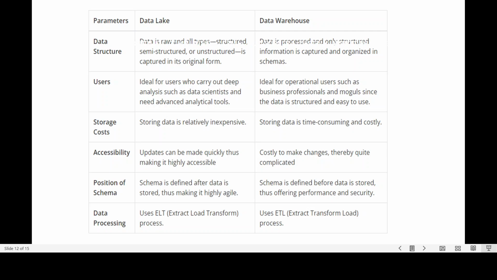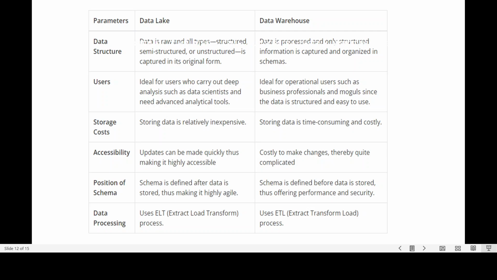Coming to the parameter users, a data lake is ideal for users who carry out deep analysis, such as data scientists, and need advanced analytical tools. A data warehouse is ideal for operational users such as business professionals, since the data is structured and easy to use.